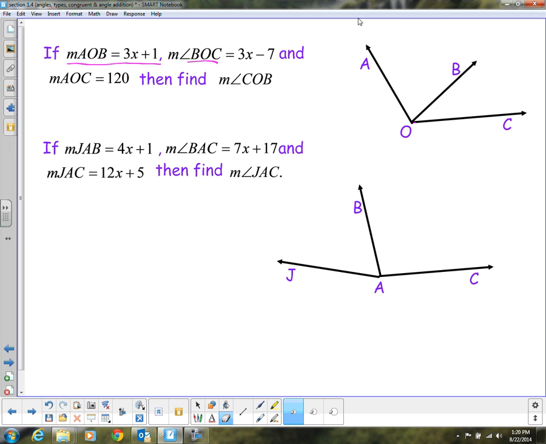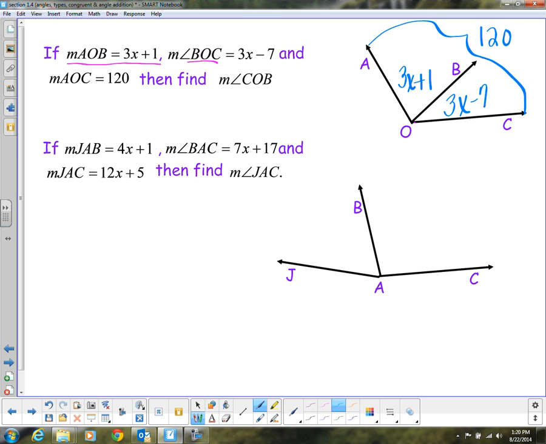Okay, so here I go. So we've got measure of angle AOB. AOB is 3x plus 1. The measure of BOC is 3x minus 7. Now they're telling us that AOC, this big one, is 120 degrees.